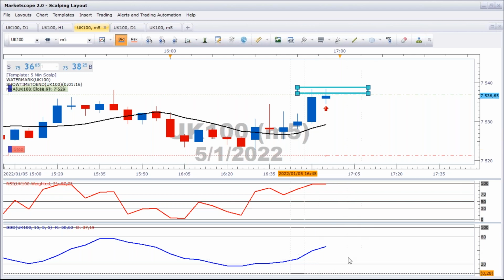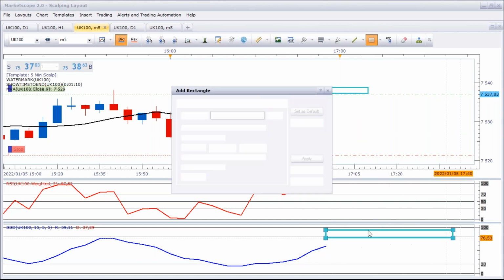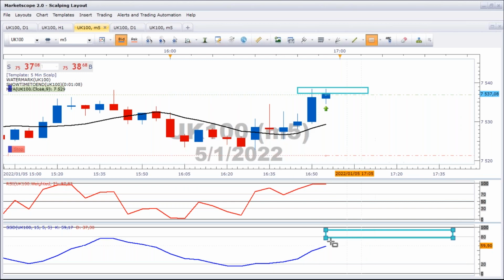The other thing I would really want is for the stochastic to head into this area and stick. We wanted to hit 80 and hold that 80 level. Then I think the underlying momentum would start supporting this trade. So that's something else to keep an eye on. I'll keep this little aqua rectangle on the stochastic.